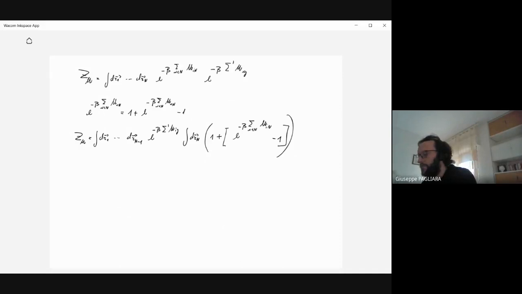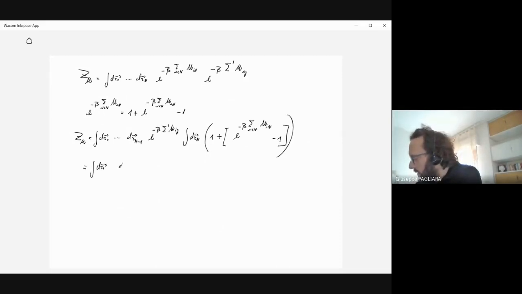Okay, good. This is now equal to the integral dR_1 to dR_(n-1) e to the minus beta sum prime of u_ij.